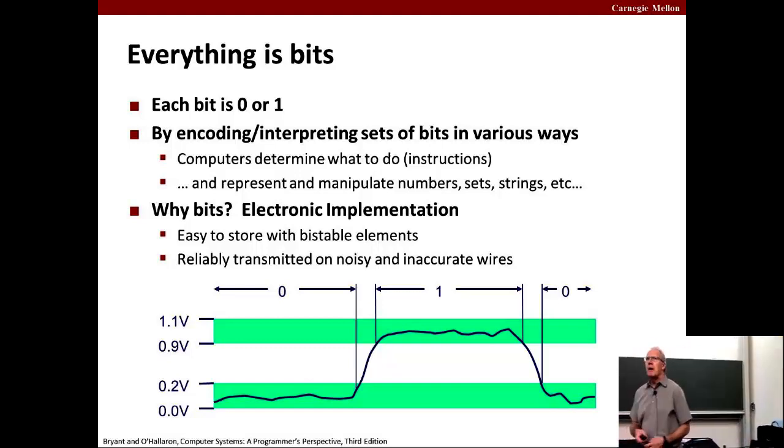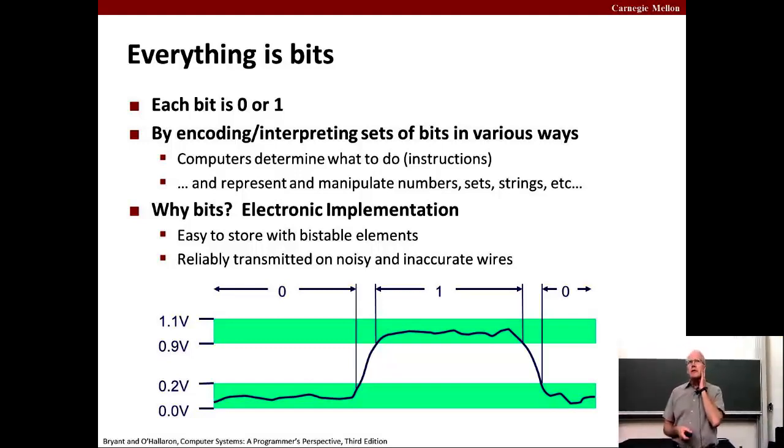And the reason why bits are great is in the digital world, you can take what's otherwise an analog signal and quantize it and just say, I'm going to say that one range of values, let's say it's a low voltage, I'm going to call that a 0. And a high range of values, I'm going to call it a 1.